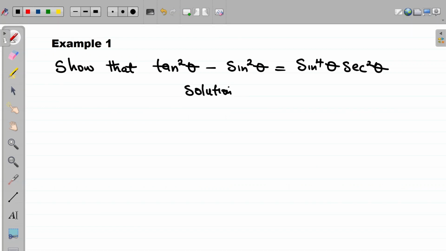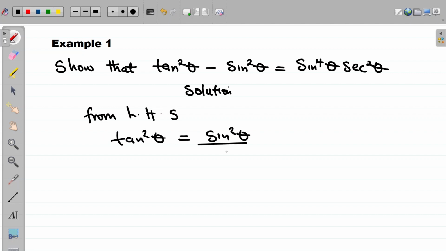Example 1 says that show that tan squared theta minus sine squared theta is equal to sine to the power of 4 theta sec squared theta. Now, we have to consider the terms in the left hand side. So we know that from our left hand side, tan squared theta is equal to sine squared theta divided by cos squared theta.